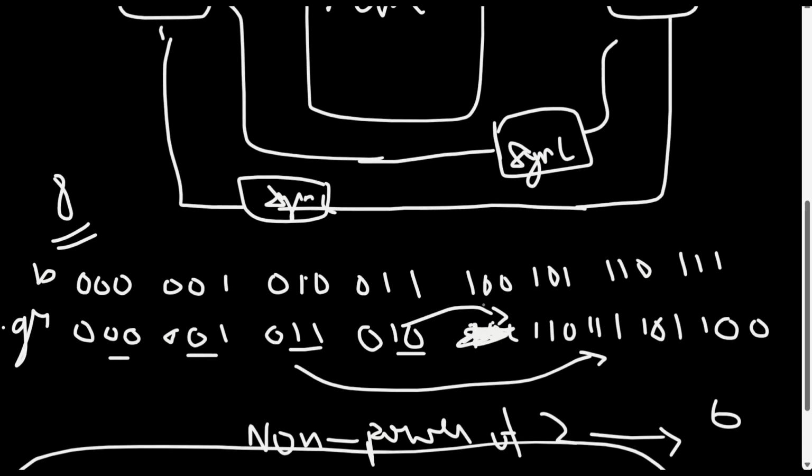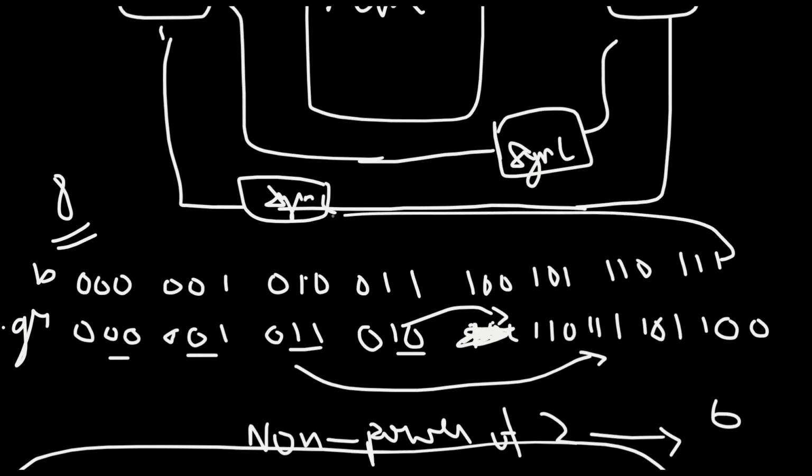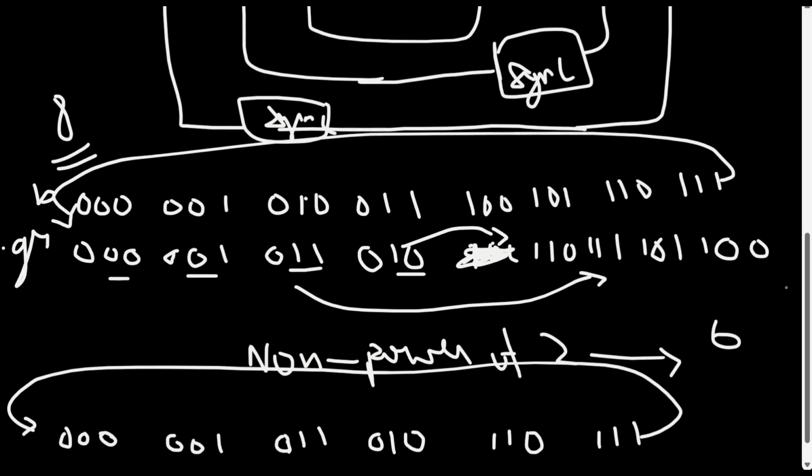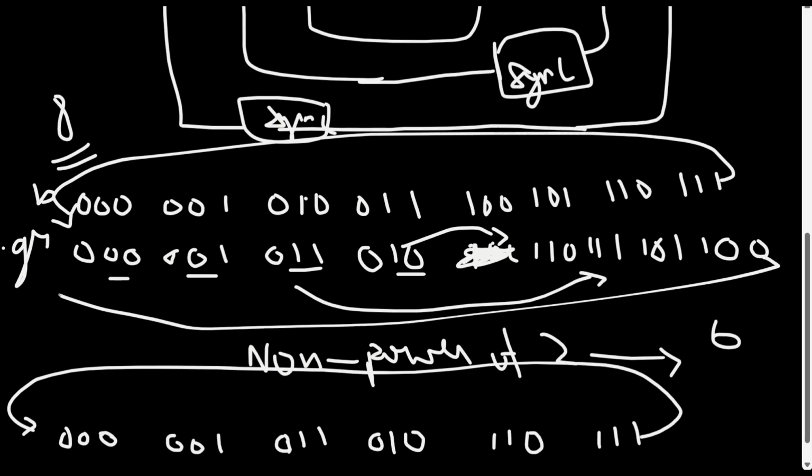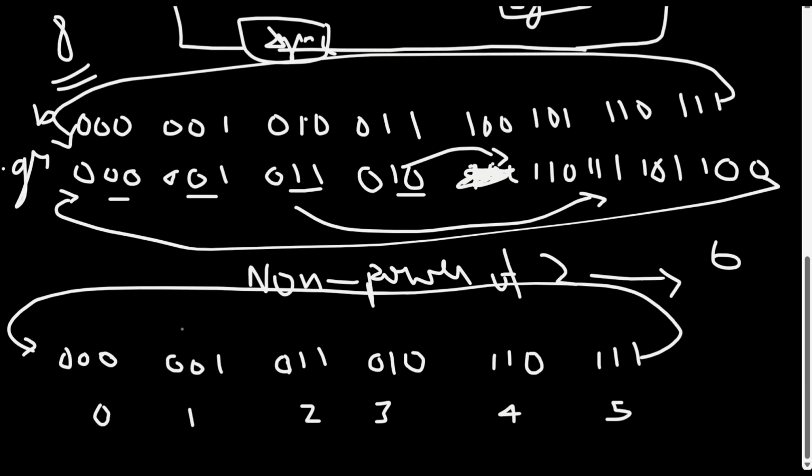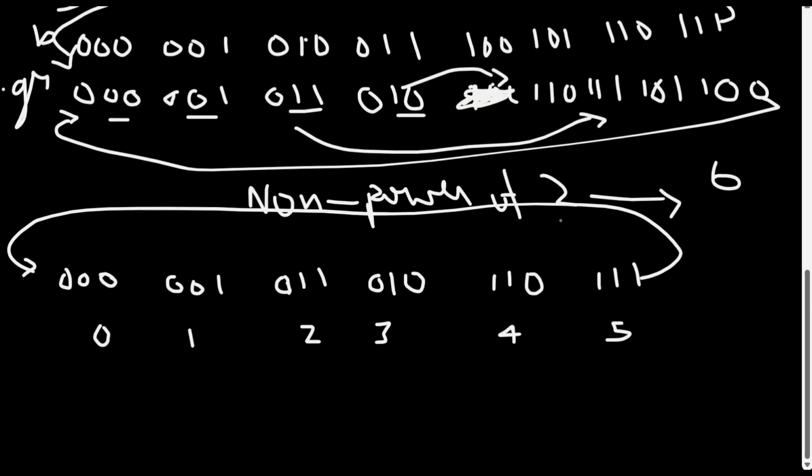But in the case of depth 8, that is a power of 2, the distance is just 1. So this is the major issue with the non-power of 2 case.